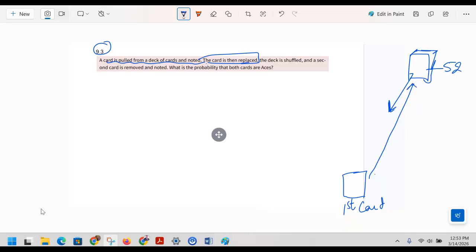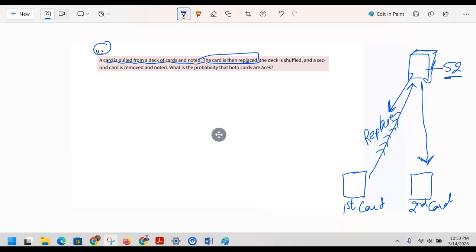When you put it back again, you are back to 52 cards, and then you pull the second card. So this is the second card. Because you replace, these two events are independent.